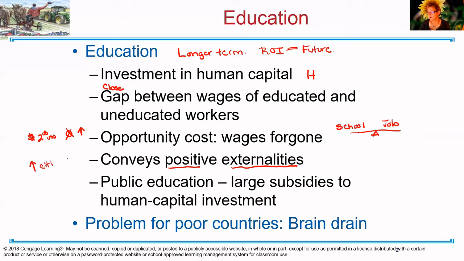Those people will end up with higher paying jobs and eventually pay higher taxes. So that's some of the things we say are positive externalities, meaning society is affected positively by people being educated. One of the problems for poor countries is a brain drain. This is where, for example, if someone from a poor country comes to the US to study, they might stay in the US because they get a higher wage.